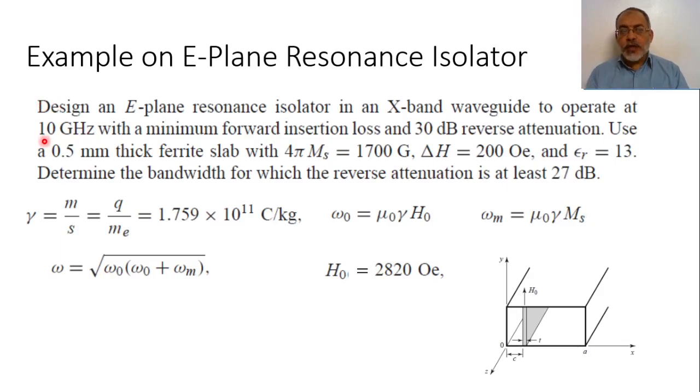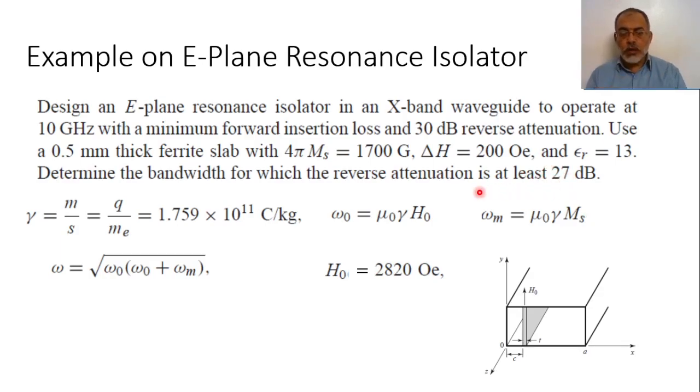When the frequency deviates from 10 gigahertz, the reverse attenuation will be less than 30 dB. So the allowed bandwidth is where the reverse attenuation is at least 27 dB. So what is F1 and F2 and what is the difference between them, such that F1 has 27 dB and F2 has 27 dB.